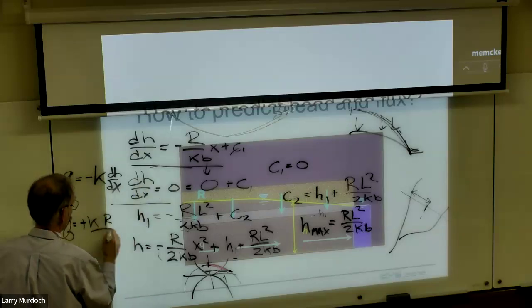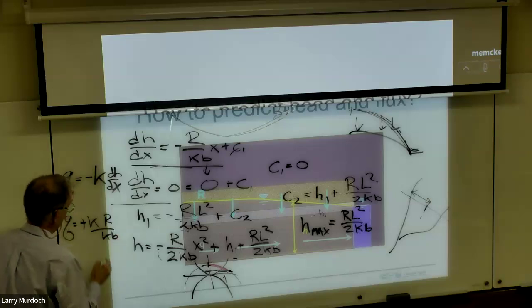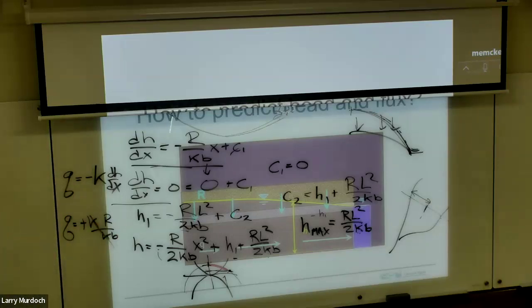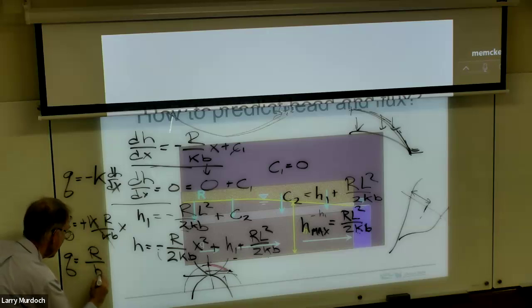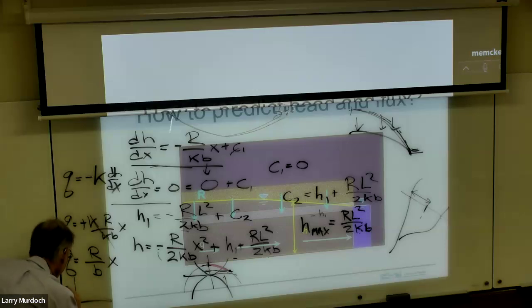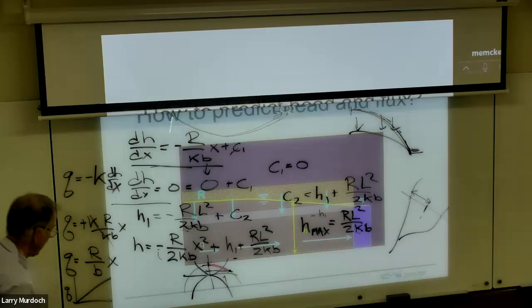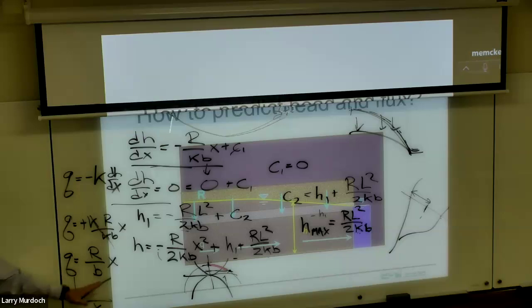So R over KB, so the K's cancel, and X. So the flux is equal to R over B times X. That's just this: flux as a function of distance looks like that. So pretty simple. The flux at the divide is 0, which makes sense, and it increases linearly. And it doesn't depend on the hydraulic conductivity at all.